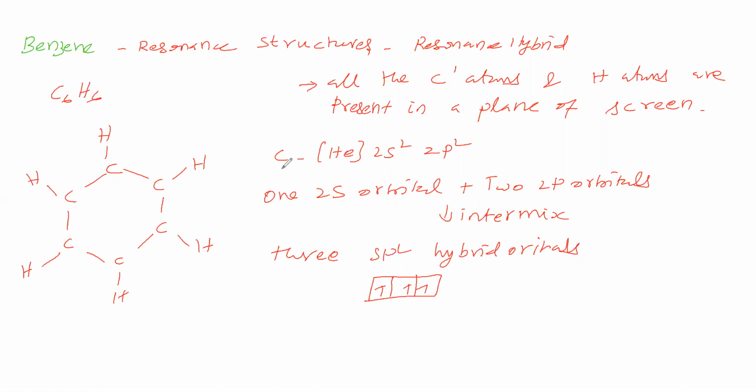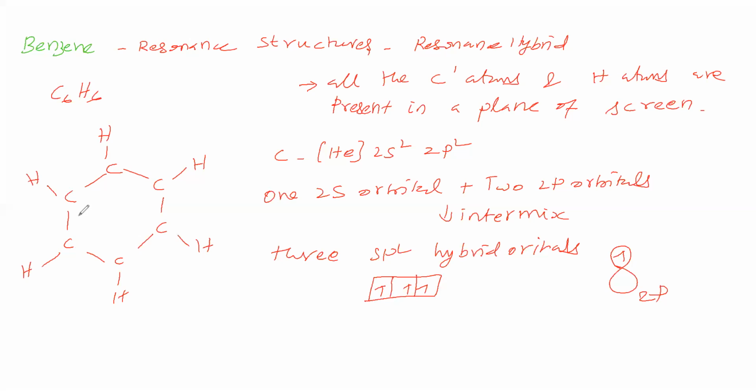In this carbon, the valence shell contains 3 2p orbitals. Out of 3, 2 2p orbitals have gone for intermixing. The remaining 1 2p orbital contains 1 electron. This is a pure 2p orbital.